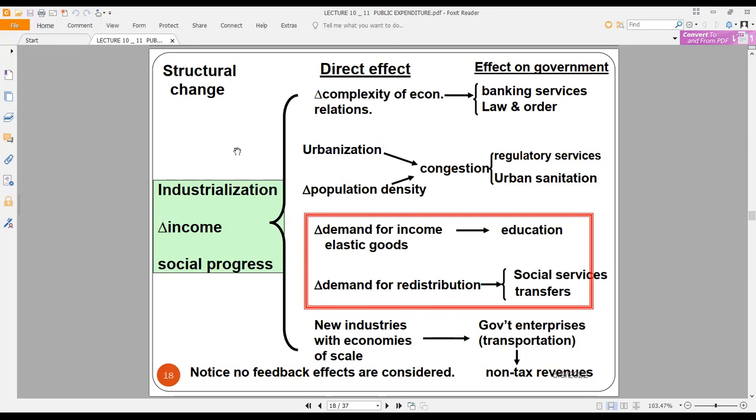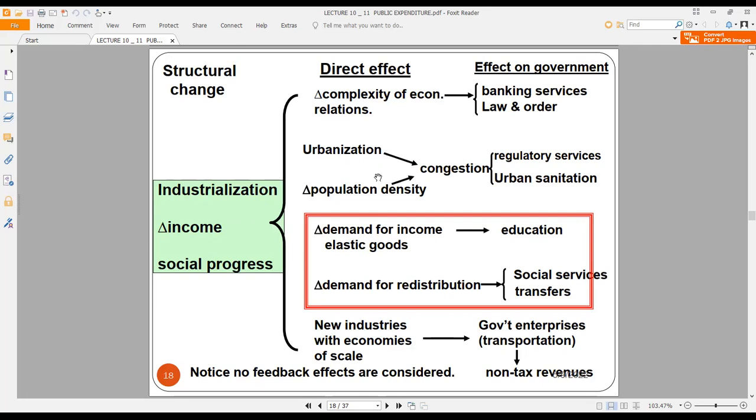The increase in government spending can be attributed to industrialization, change in income, and social progress. Because of this, the economy is becoming more complex, so we need more assistance from the government in the banking sector, law and order, and all those things.